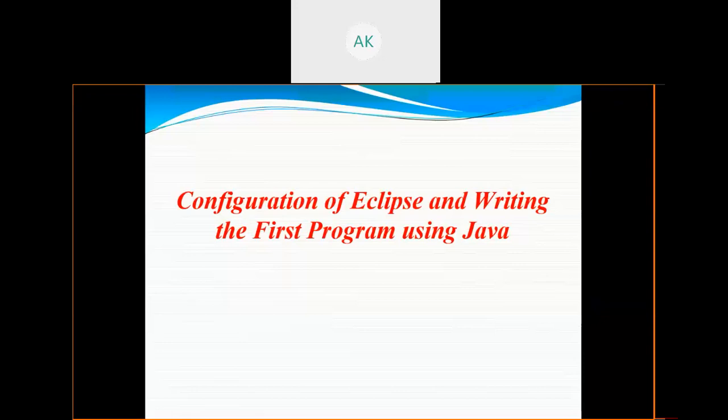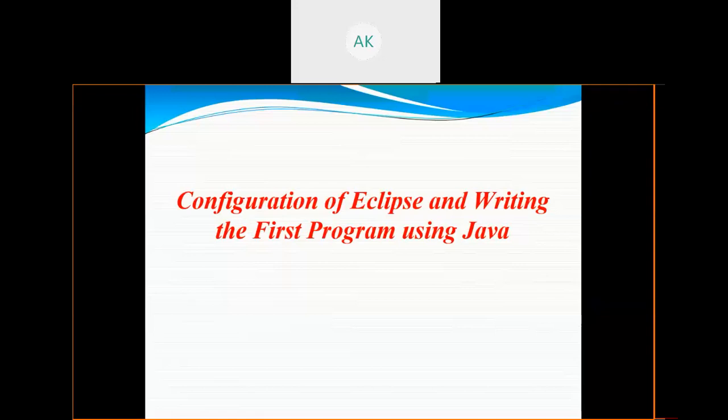That is what we are going to see in this particular class: how exactly we are going to configure Eclipse on your respective machine and how we are going to execute the Java program in Eclipse.